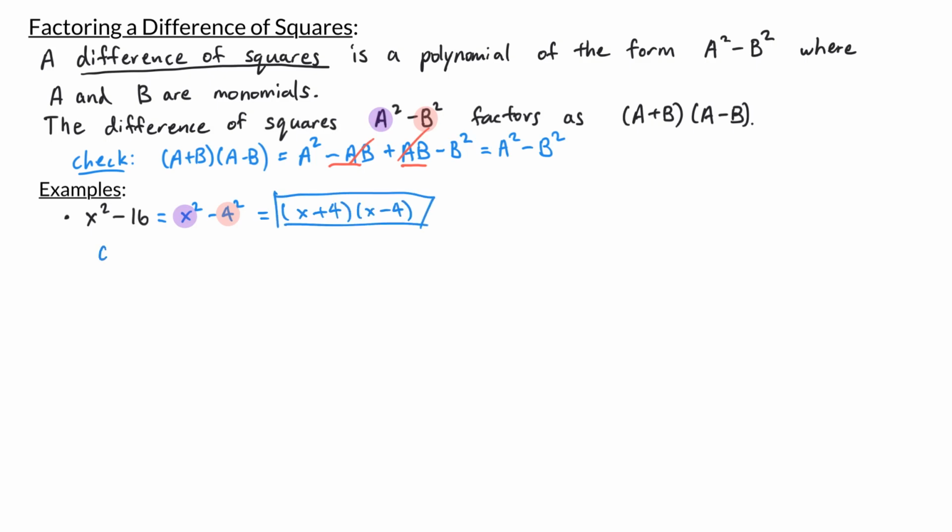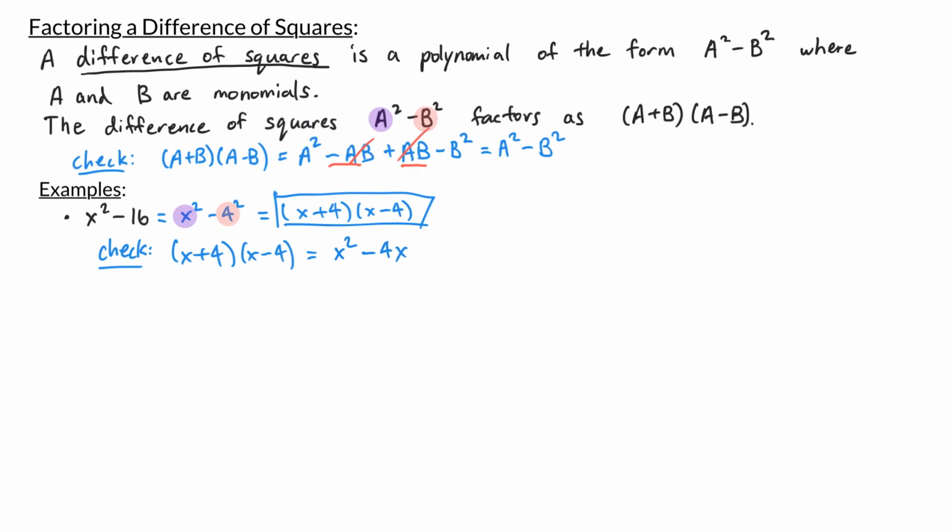If we wanted to, we can check that this is correct by multiplying out x plus 4 times x minus 4. So again, I can multiply this out using the FOIL method. The product of my first terms, x and x, is x squared. The outer terms are x and negative 4, so their product is negative 4x.